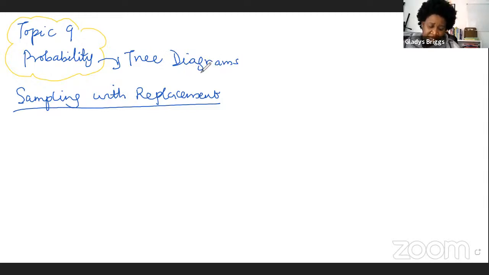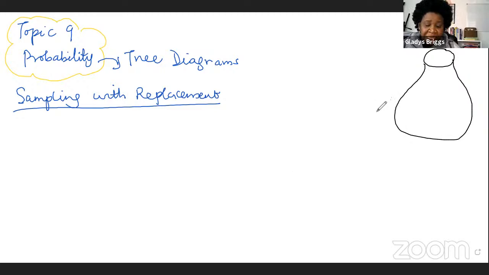On my math, they use the example of a coin, maybe for heads and tails, yeah? But let's say you have a bag. This is your bag. I'm going to draw the bag or purse. And this bag contains 3 red balls, 1, 2, 3 red balls. And 5 blue balls, 1, 2, 3, 4, 5.